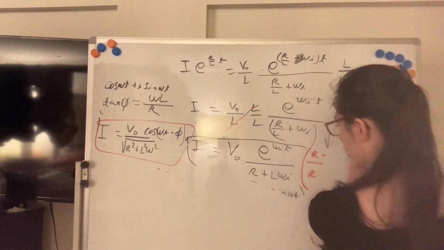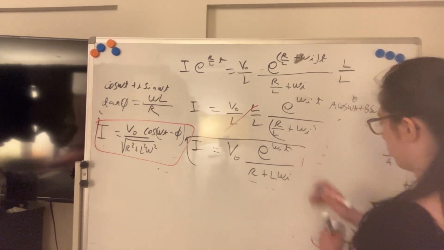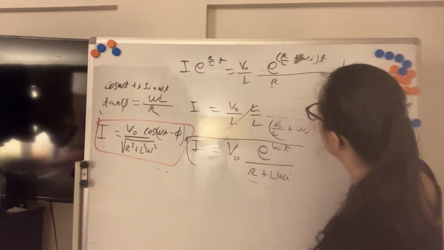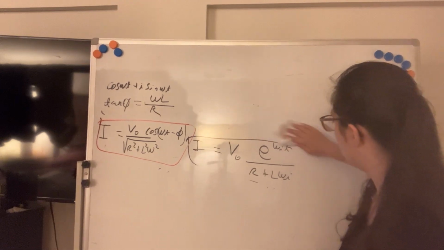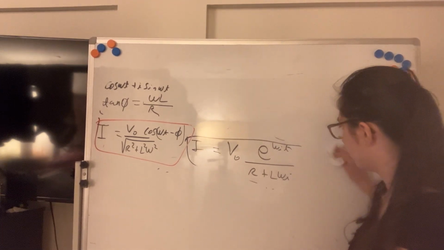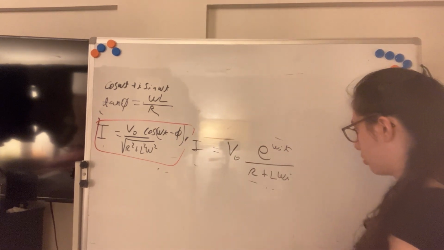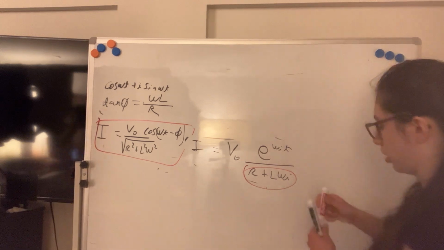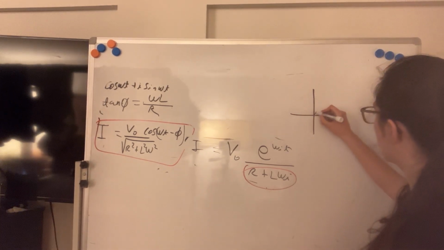So I will continue from here. That is where we ended with the integrating factor. So very quickly, this is a complex number. We can represent any complex number. Here we have a plane, the complex number plane. We can represent it.